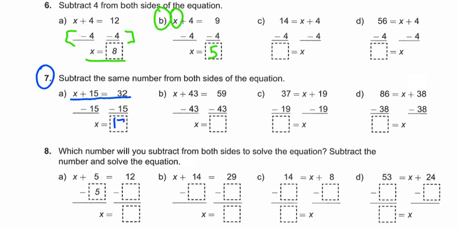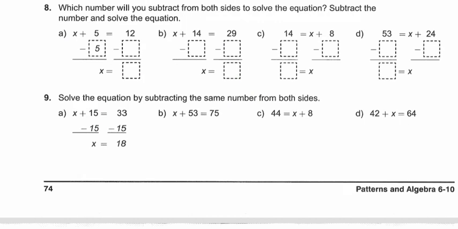It happens to be 17. So in A, x is 17. Okay? X plus 43 is 59 for B. 59 take away 43 happens to be 16. So x is 16. Try out C and D, and then we will move on.